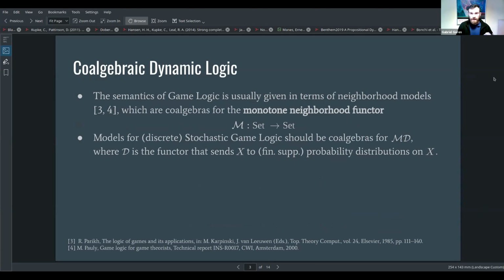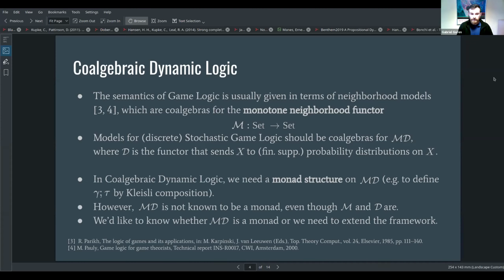And when we add this stochastic layer to our models, we would expect that the models for this stochastic game logic, in particular a discrete version of it, should be coalgebras for this composite functor MD, where D is the distributions functor that sends X to finitely supported probability distributions on X.